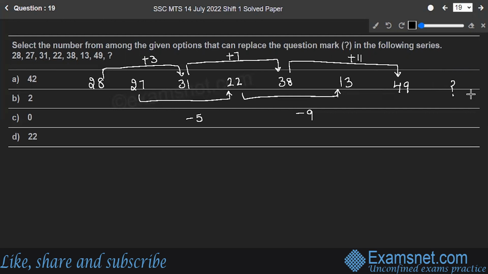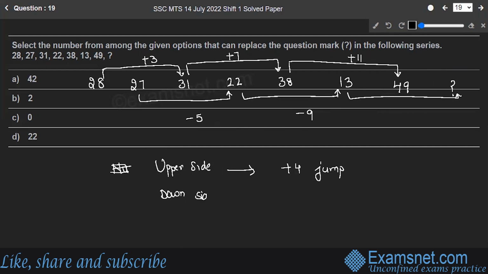It was a question mark over here. So what do you have to subtract? See, you are moving in intervals of 4. On the upper side, we are having a plus 4 jump, and on the downside, we are having a minus 4 jump. Correct?